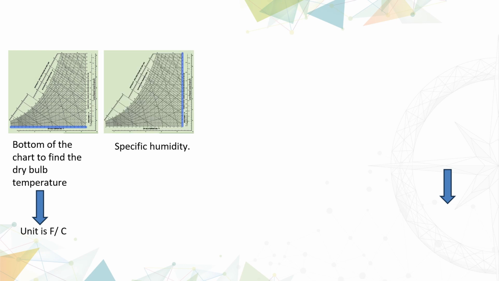Then the vertical lines on the psychrometric chart represent humidity ratio, also called specific humidity. What is specific humidity?